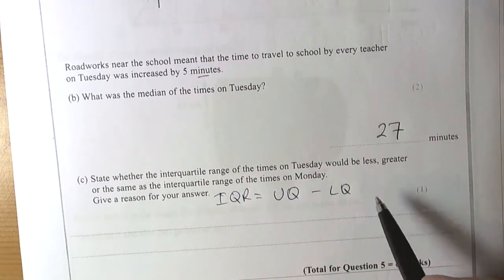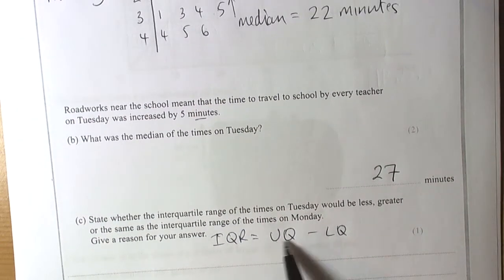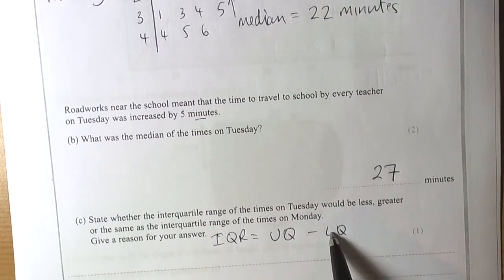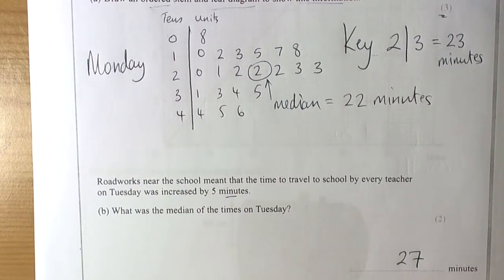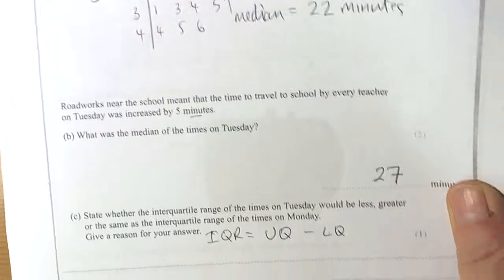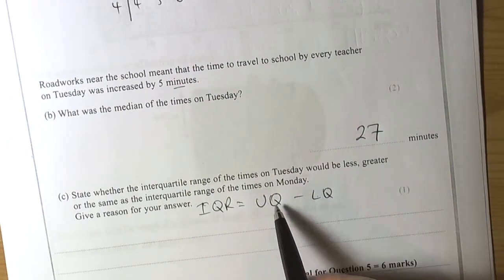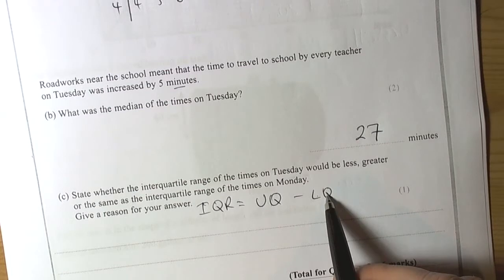The upper quartile is 75% of the way along the data, and the lower quartile is 25% along the data. We should realise that this is going to remain the same, because whatever the upper and lower quartile were from the original data, if you're adding 5 minutes to everything, each will be 5 minutes more.